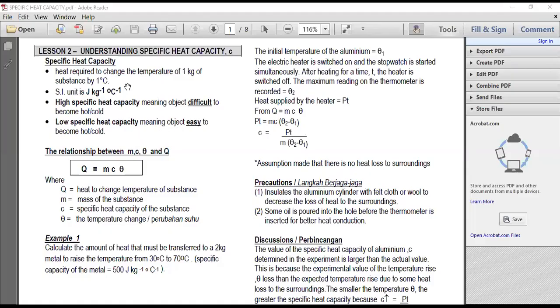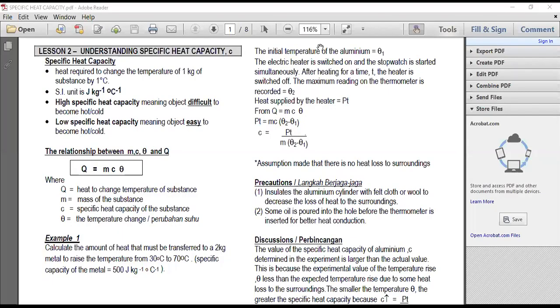Now, the short form of specific heat capacity is C. If you look at the unit of C, the unit for specific heat capacity is joule per kilogram per degree Celsius.